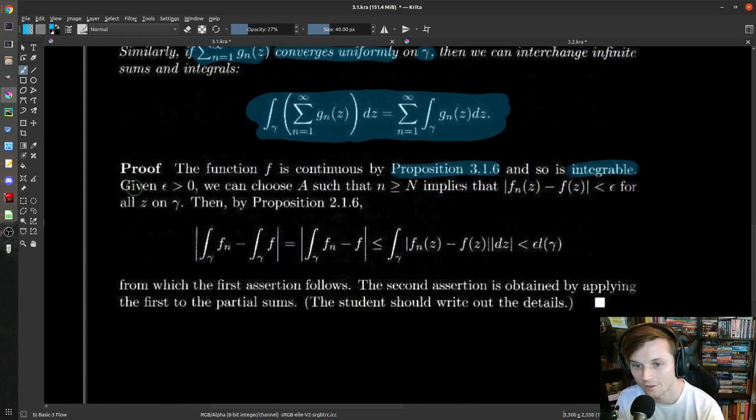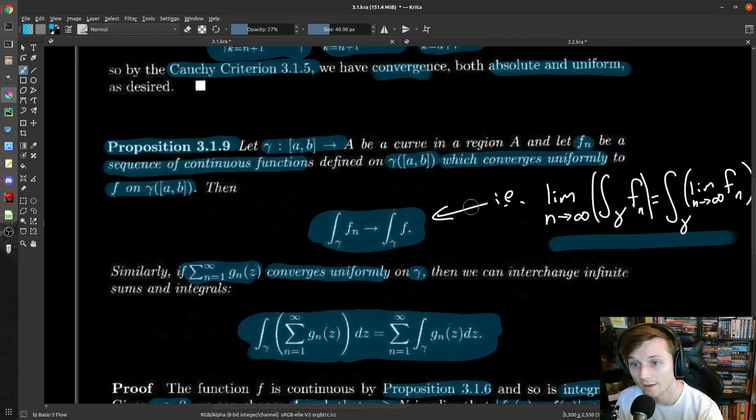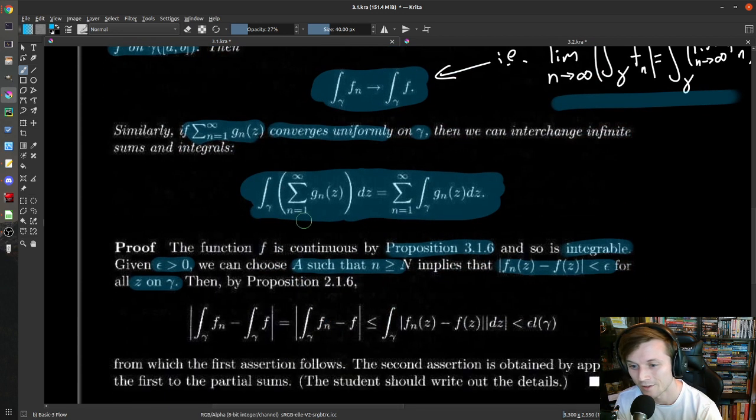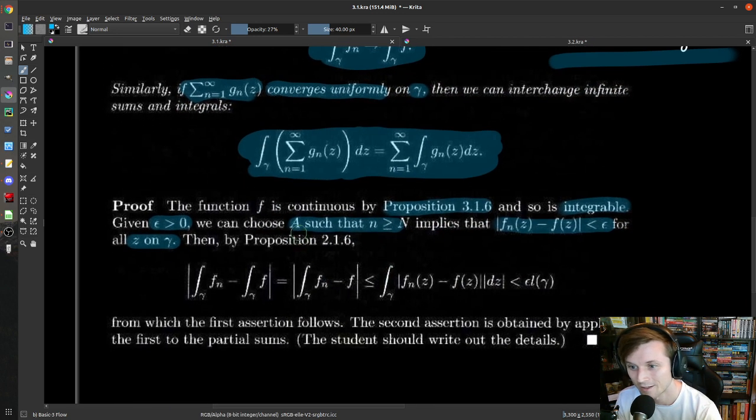Fair enough. So given an epsilon greater than 0, we can choose a capital N such that for little n bigger than capital N, we have that |f_n(z) - f(z)| is less than epsilon for all z on gamma. Okay, now notice, let me make sure. They've made a mistake.